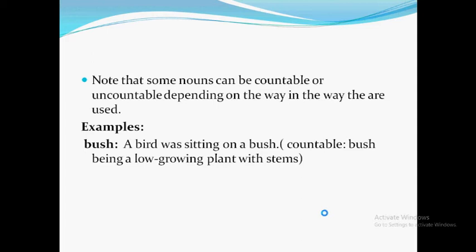Countable or uncountable? A bird was sitting on a bush. This is a countable noun, bush. It implies a low-growing plant with stems, on which this bird was sitting. Okay, so this one is a countable noun, bush.